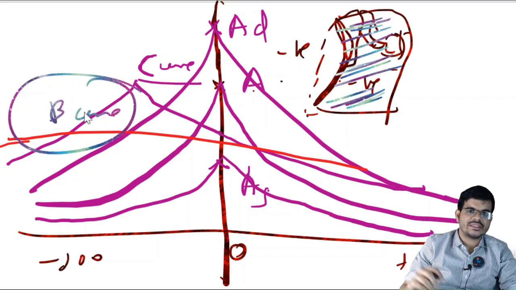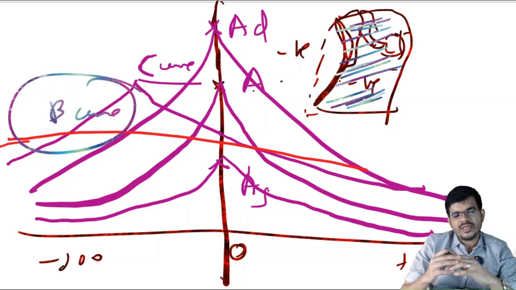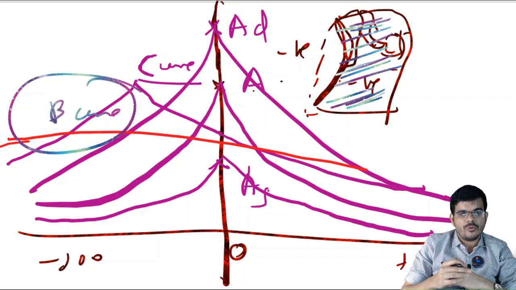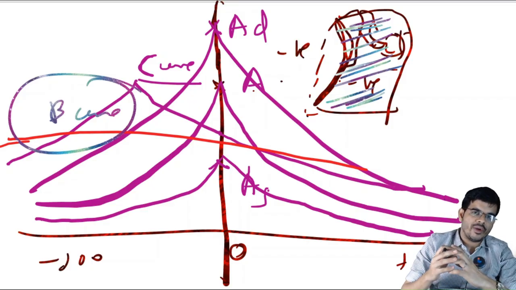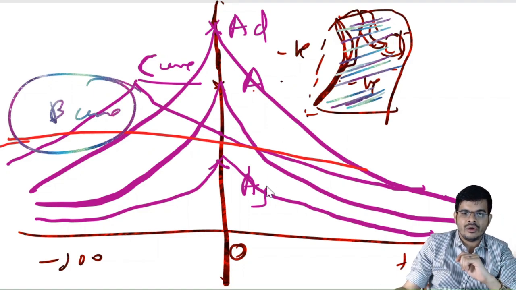So these are the various types of curves that you have to learn in case of a middle layer pathology when you are assessing. From this you know that the Ad curve stands for ossicular discontinuity, and the As curve stands for stapes fixation.